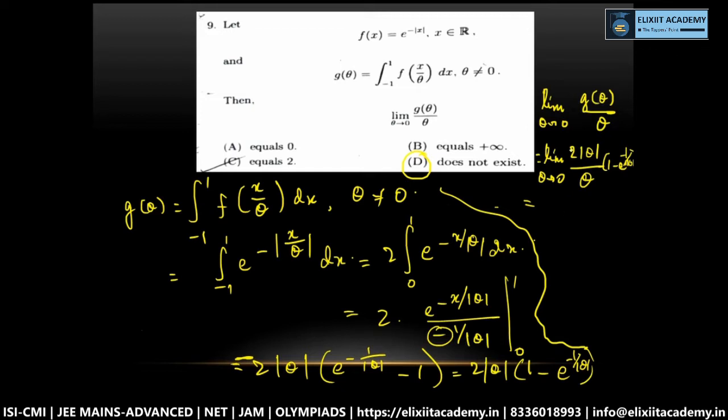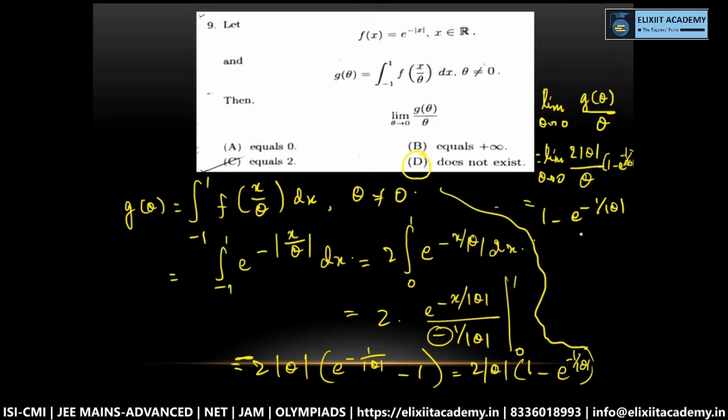Limit theta tends to 0, 2 mod theta divided by theta multiplied by 1 minus e to the power minus 1 upon mod theta. Now this term, 1 minus e to the power minus 1 upon mod theta, as theta tends to 0, will not create any problem.